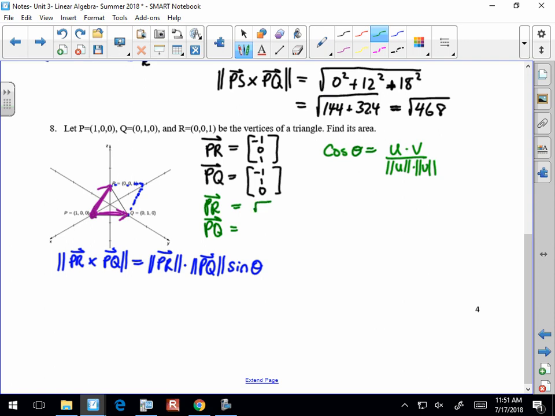It's going to be root 2 in both cases. 1 squared plus 0 squared plus 1 squared. 1 plus 1 is 2. The dot product looks like just a 1.